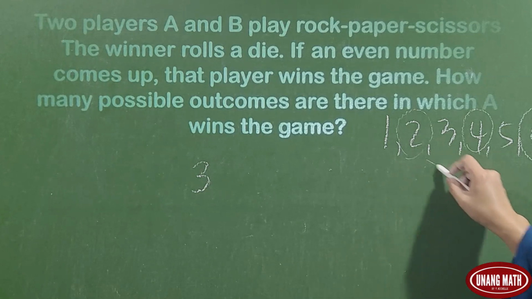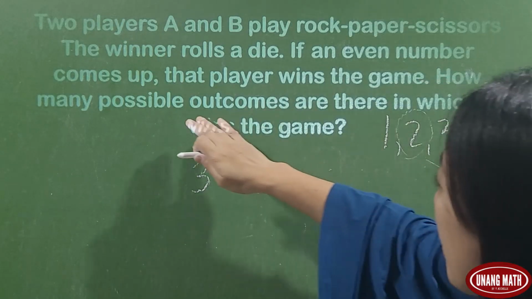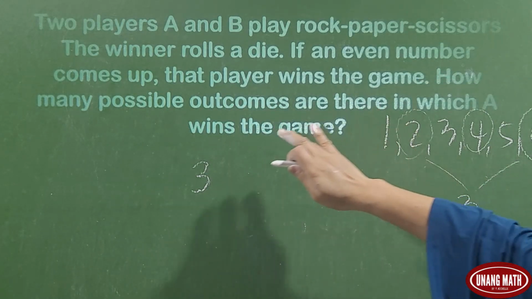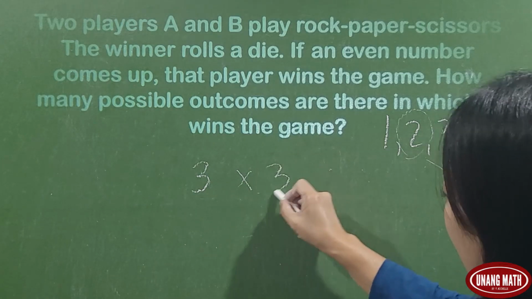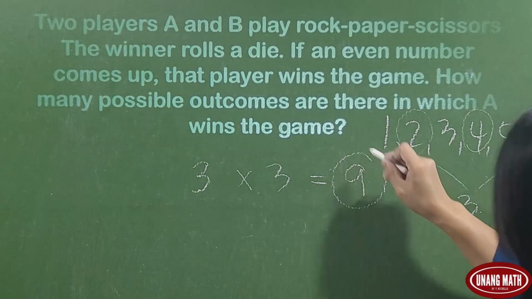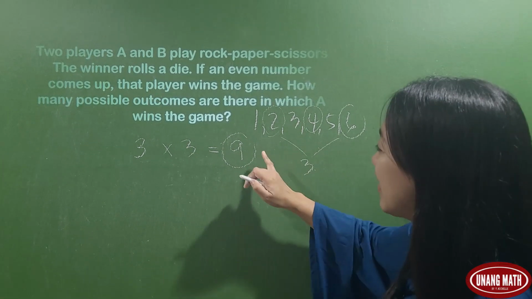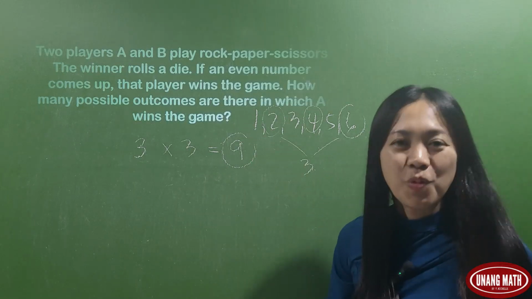So we have 3 even numbers. So how many possible outcomes are there in which A wins the game? So that means we have to multiply 3 times 3 and it gives us 9. So there are 9 possible outcomes in which player A wins the game.